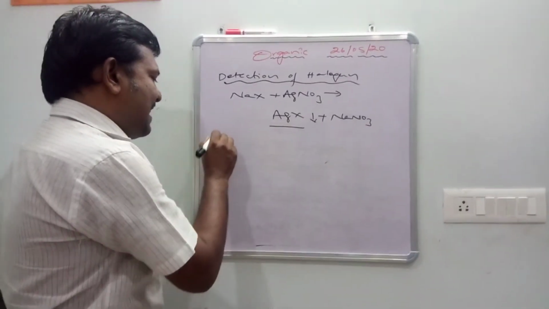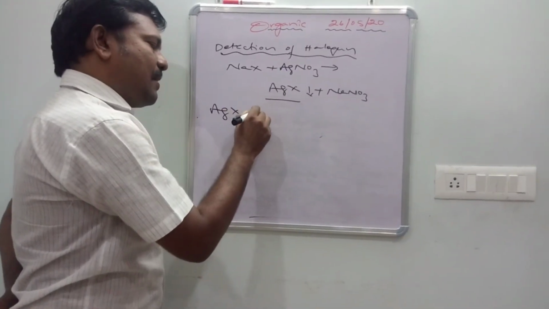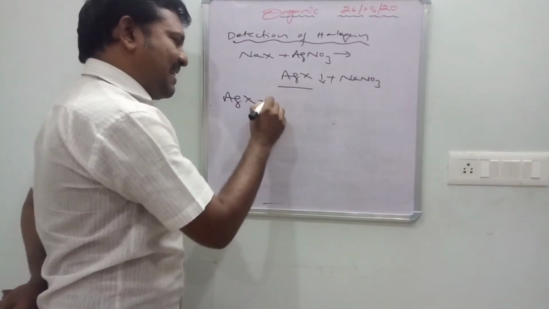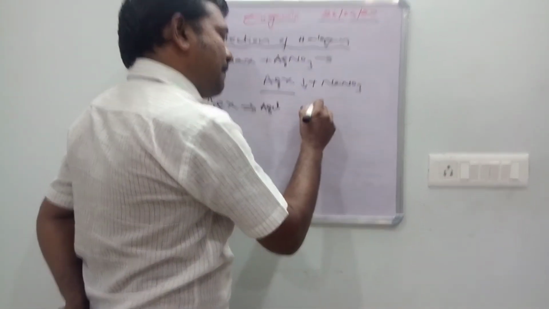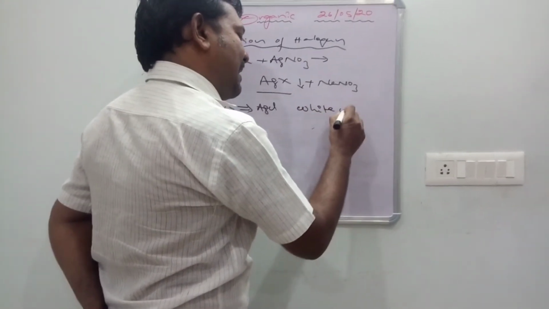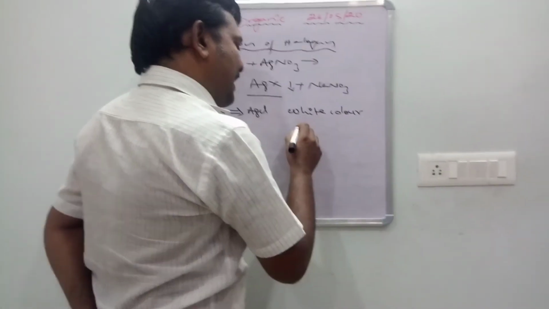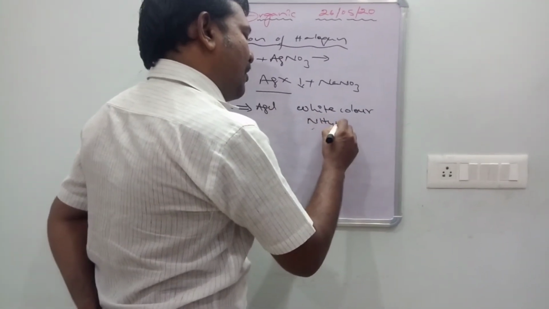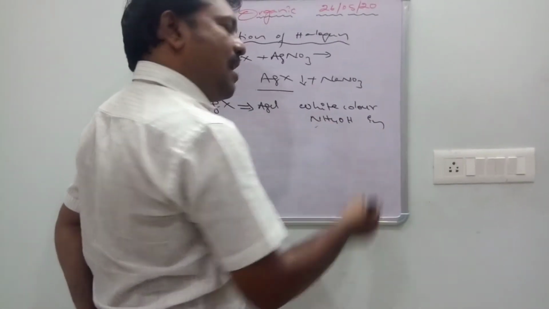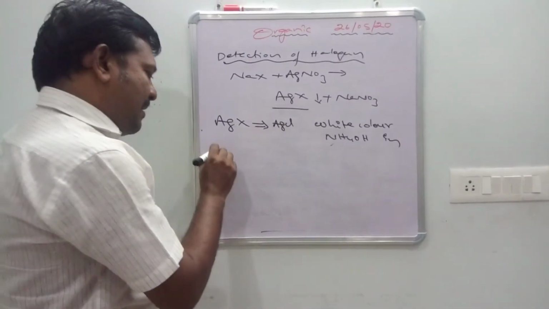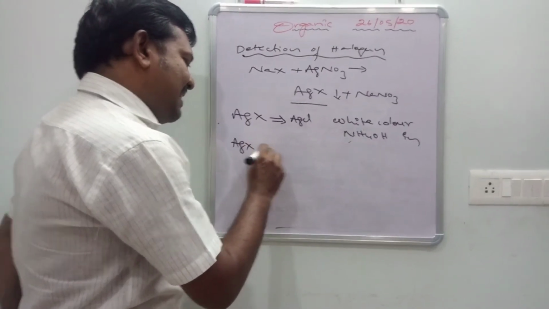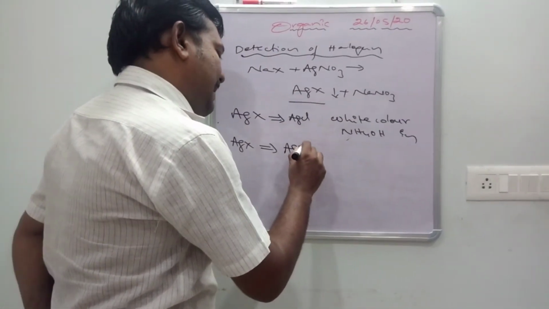Here in AgX, X may be chlorine, that means AgCl, which gives a white color precipitate. It is soluble in ammonium hydroxide. Then X is chlorine. If X is bromine, it is AgBr.